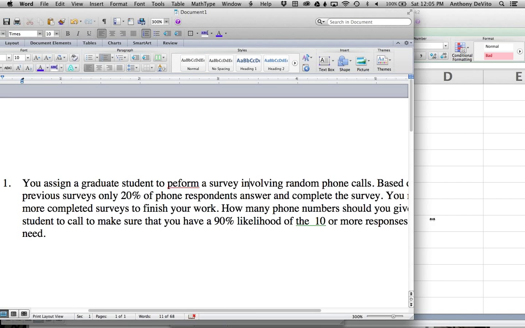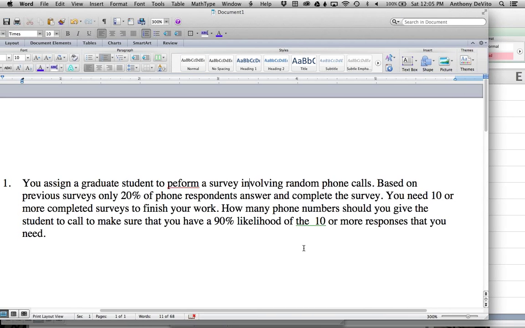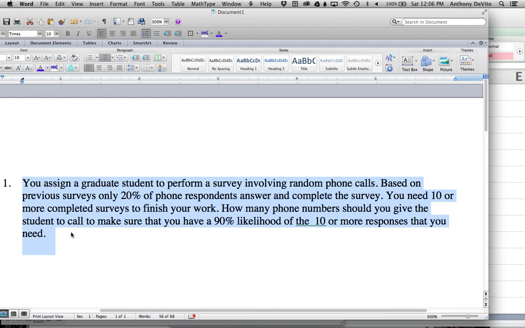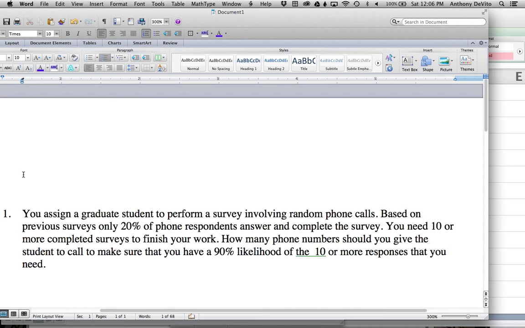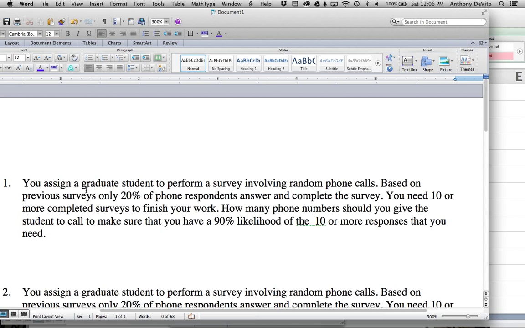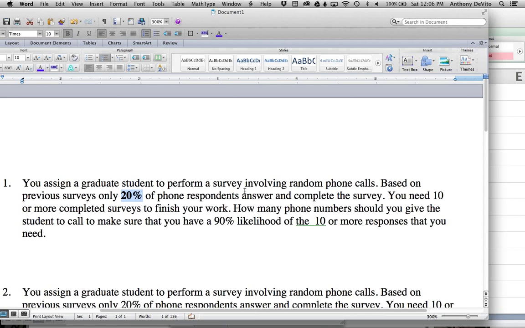First thing I'm going to do is rephrase the question just a little bit to make it a little simpler. I'm going to break it up into two questions. You assign a graduate student performance survey where, based on previous surveys, 20% of the respondents answer and complete the survey.